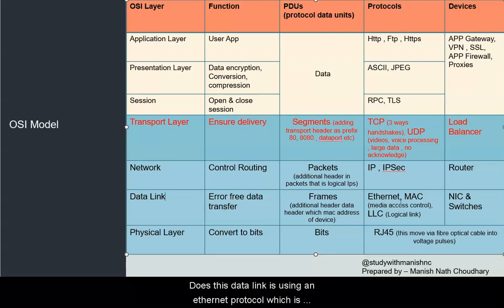This data link layer uses the Ethernet protocol, which has two functions, MAC and LLC. MAC is media access control, LLC is logical link control. Both have the same purpose: media access and error-free transfer from sender to receiver. And it uses the NIC and switches as hardware devices.